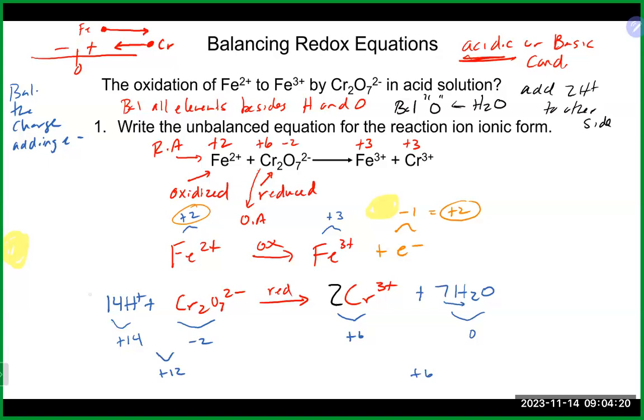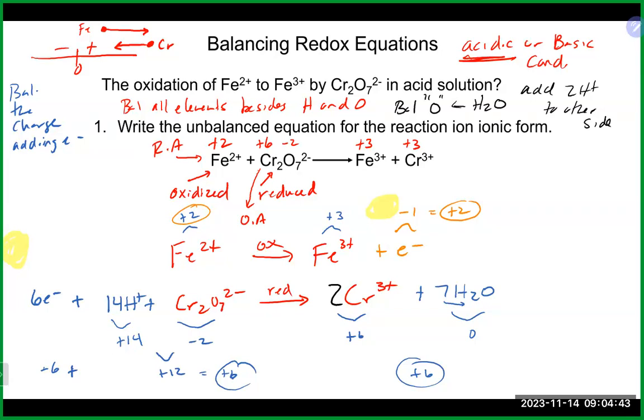That means, bless you, that the left-hand side here would need 6 electrons, and that would give us a -6, and a +12 gives us a +6 left over on both sides. Any questions on how to add those electrons? By the way, here I added some electrons.